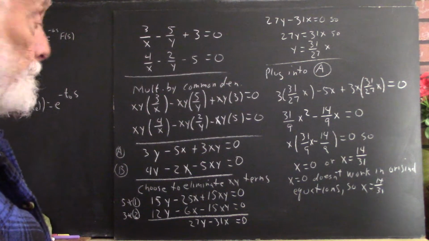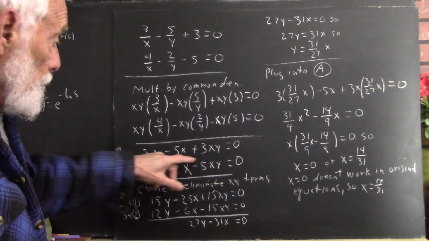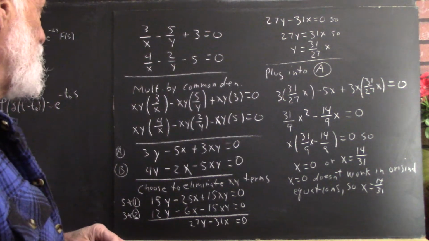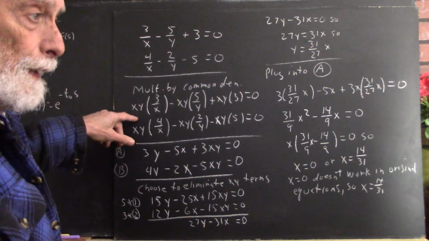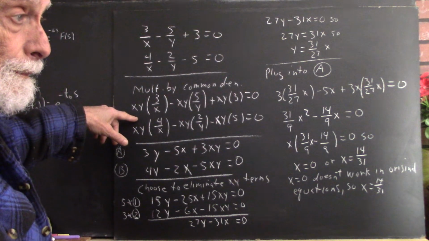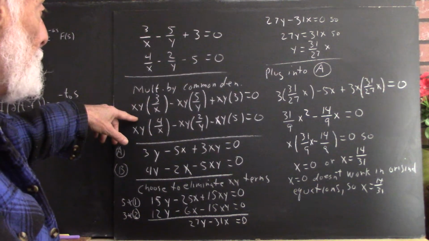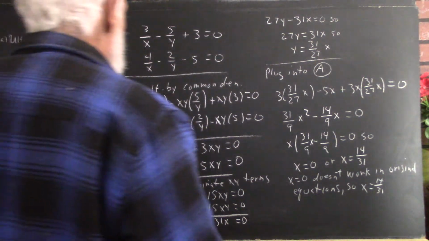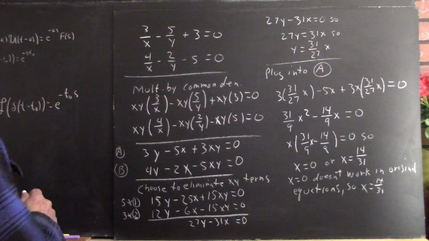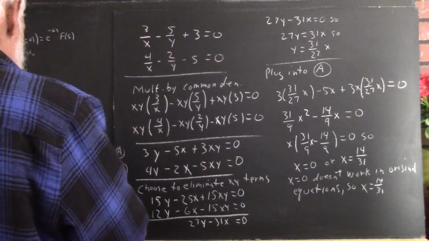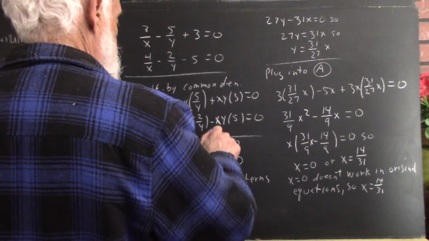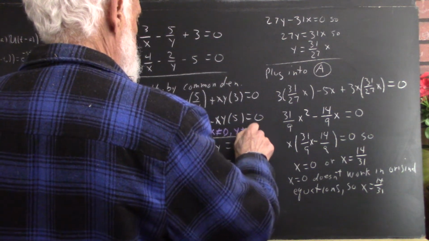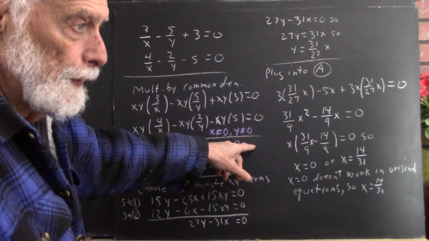And you plug that in. And you can plug it into these equations. Now let me just say, when I multiply by xy here, I really should have been careful to say, and I don't have a good place to write it, so I'm going to write it in a bad place, x can't be 0, y can't be 0.